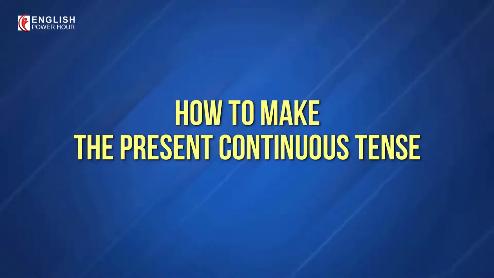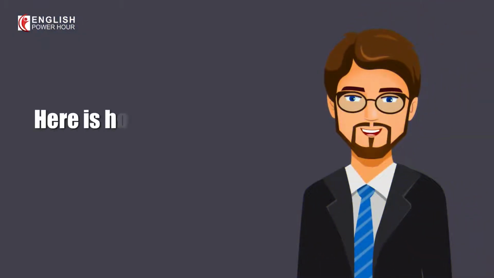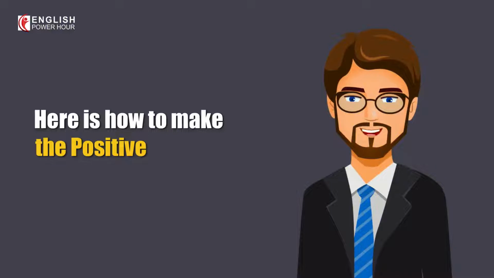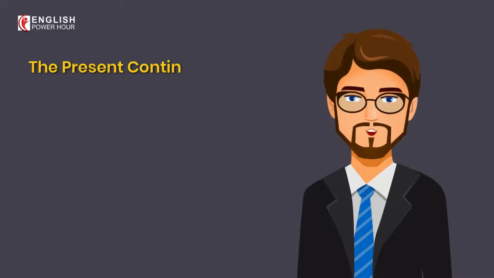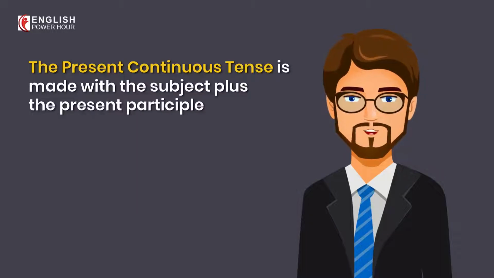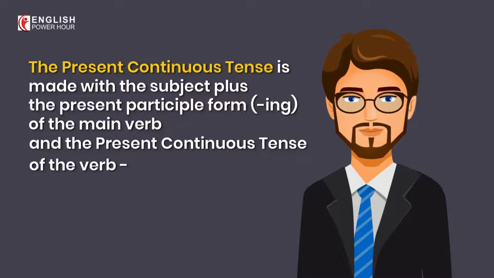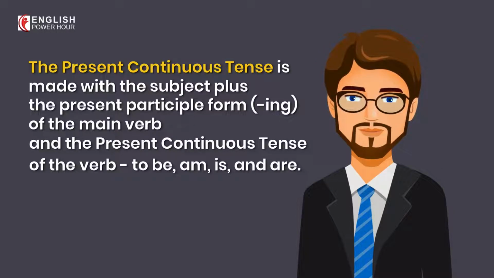How to make the present continuous tense. Here is how we make the positive in the present continuous tense. The present continuous tense is made with the subject plus the present participle form, ing, of the main verb, and the present continuous tense of the verb, to be, am, is, and are.